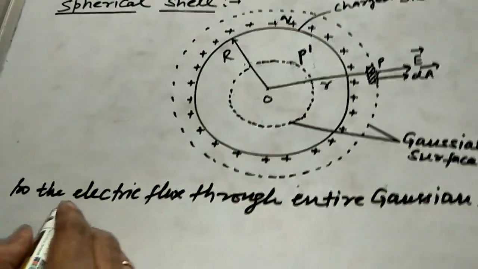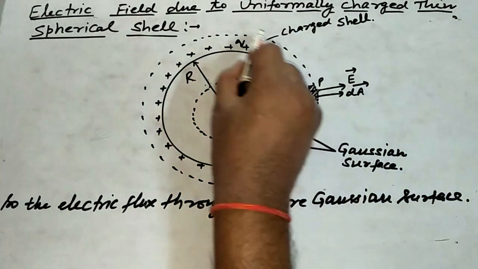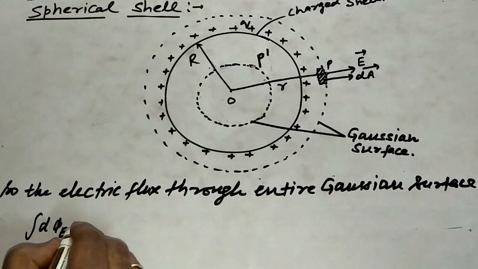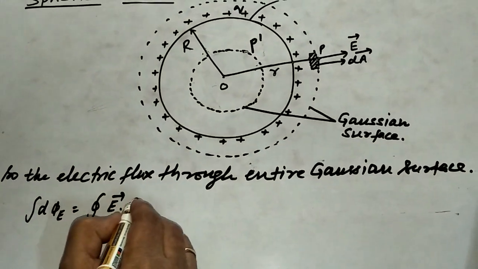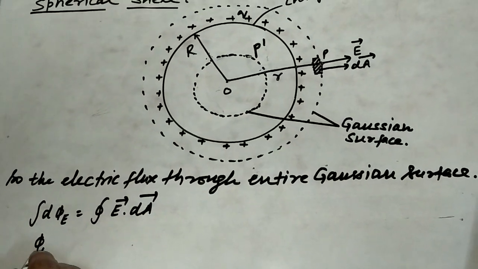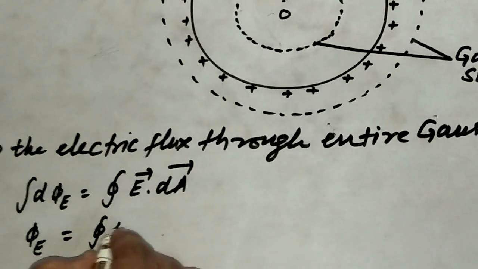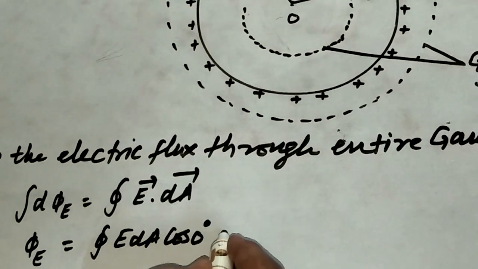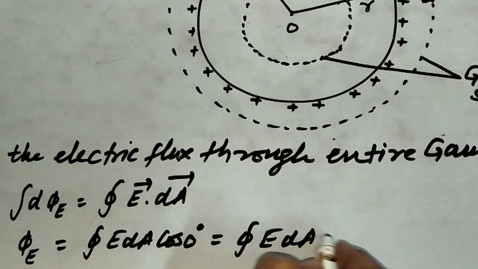The electric flux through the entire outer Gaussian surface we get by integrating d phi e, which is the whole integration of vector E dot vector dA. The integration of d phi e is phi e, which is equal to the integration of E dA cos 0, which is the whole integration of E into dA.